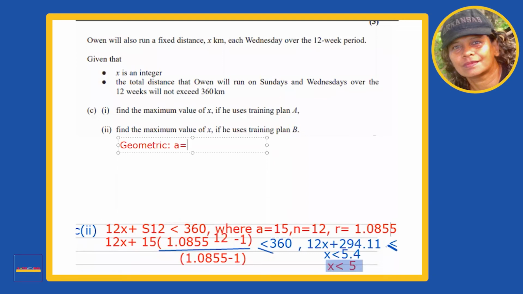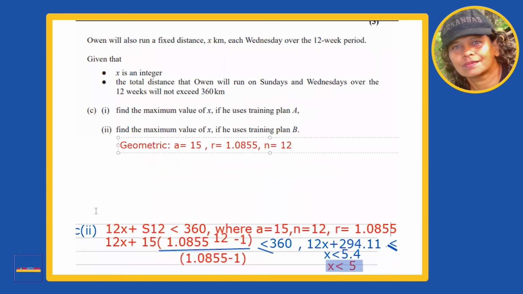And what do we know? A is equal to 15. And we also have that R is equal to 1.0855. And we have n is equal to 12.